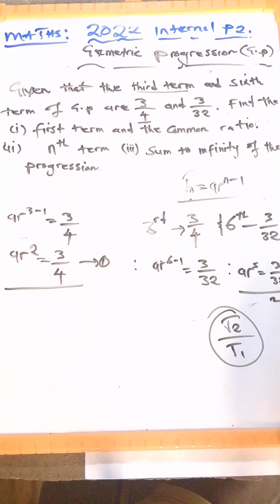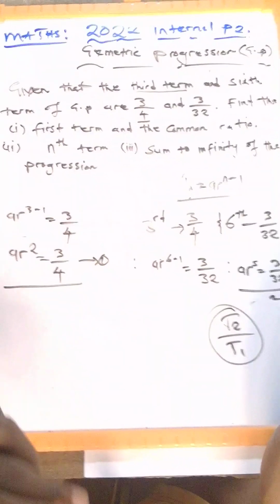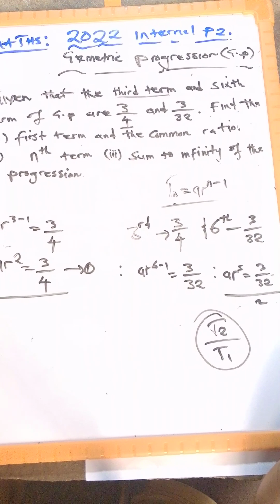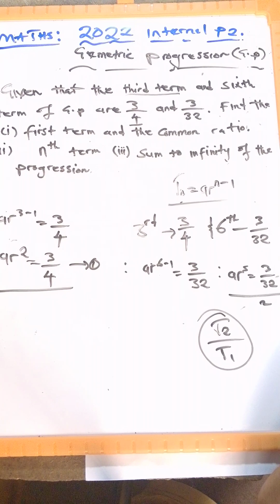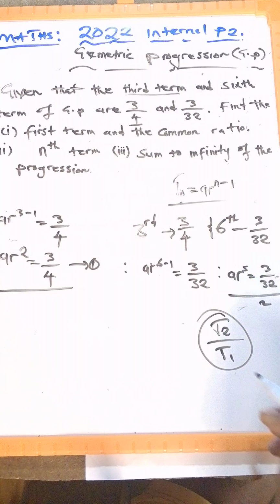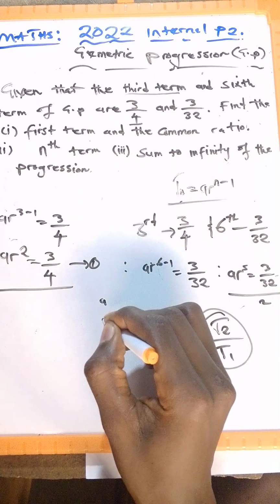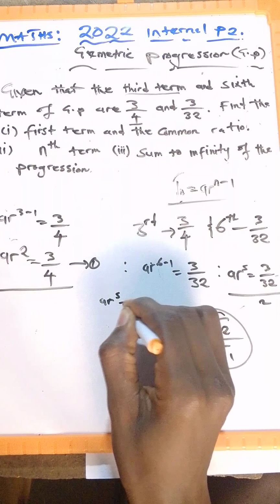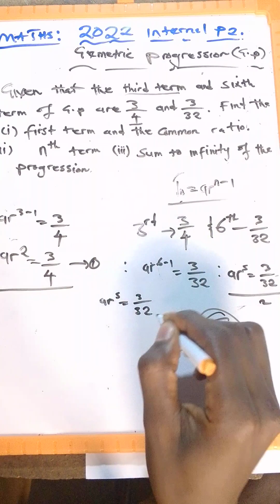So now from here, we have the second equation, which is here. So we'll get ar to the power 5 is equal to 3 over 32.